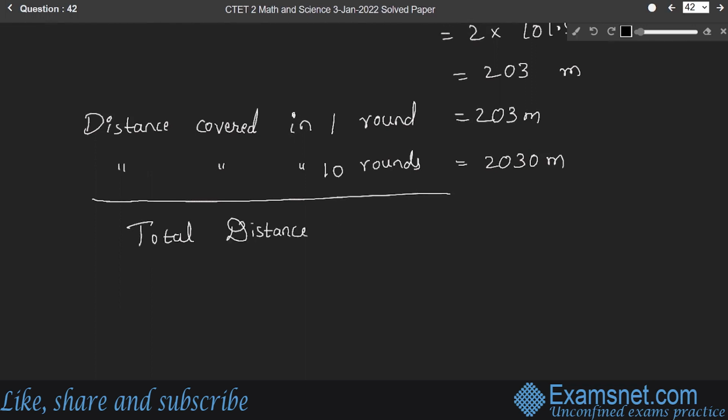So this distance covered in 10 rounds gives the total distance covered by Deepak. Total distance covered by Deepak is equal to 2030 meter. Right?